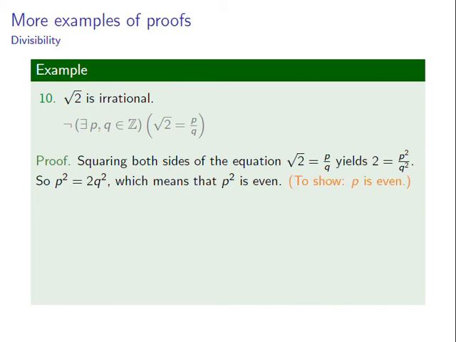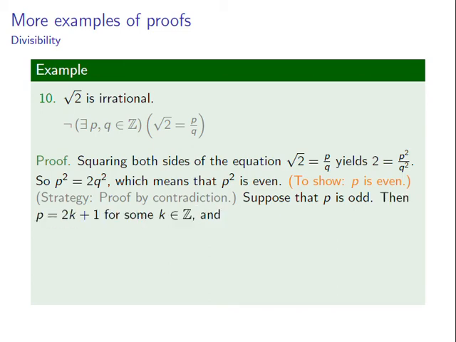We will show that P is even using proof by contradiction. Suppose that P is odd. Then P can be written as 2k plus 1 for some integer k, and P squared is equal to 2k plus 1 squared, which is equal to 4k squared plus 4k plus 1, which is equal to 2 times 2k squared plus 2k plus 1.